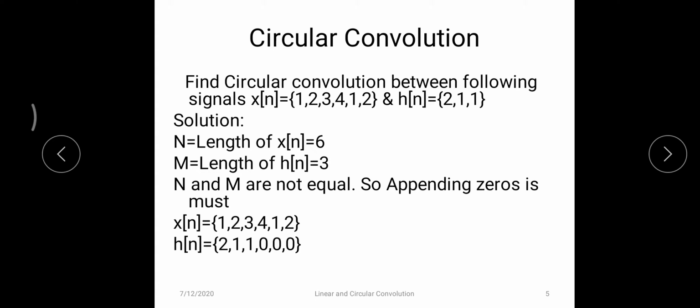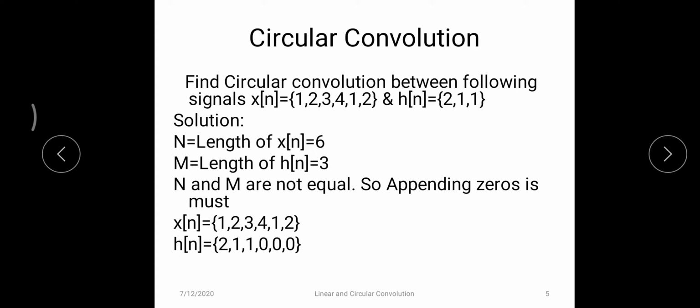Now the updated sequence for x of n is 1 2 3 4 1 2 and for h of n is 2 1 1 0 0 0. If I calculate the length of x of n and h of n, both are 6. Now I can perform circular convolution between these 2 sequences.